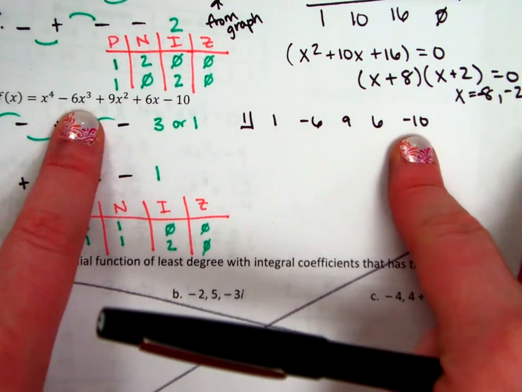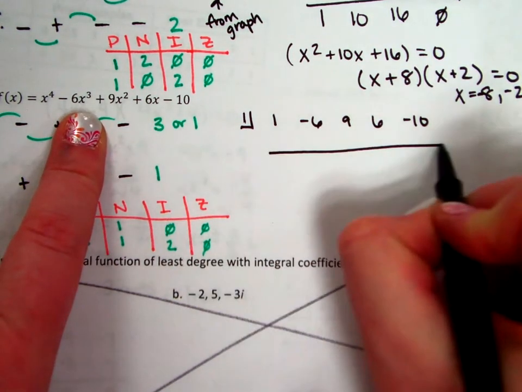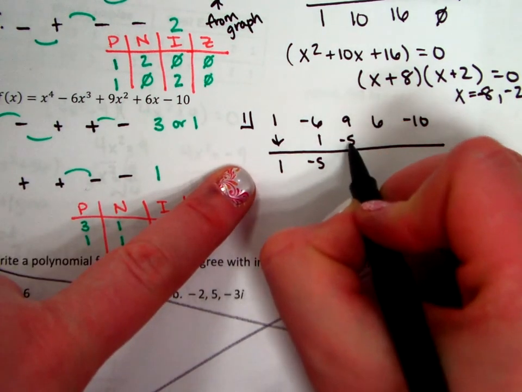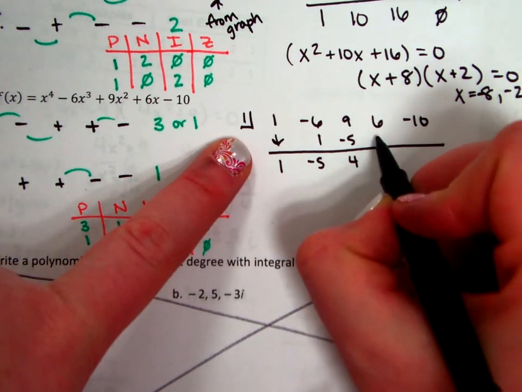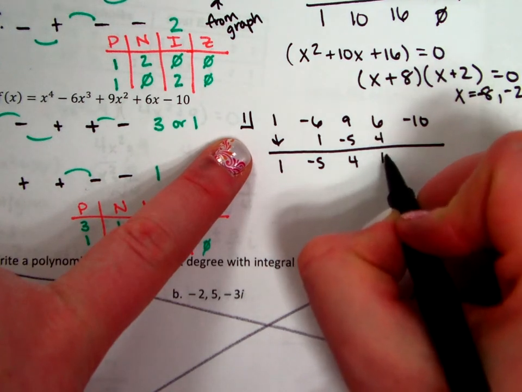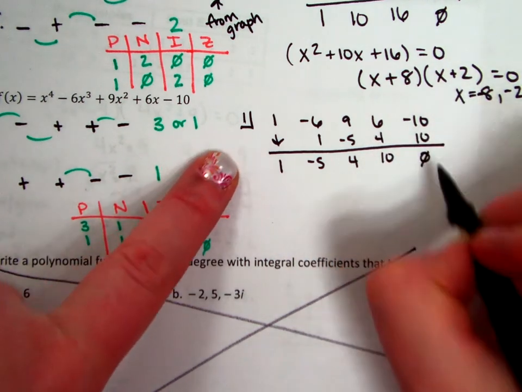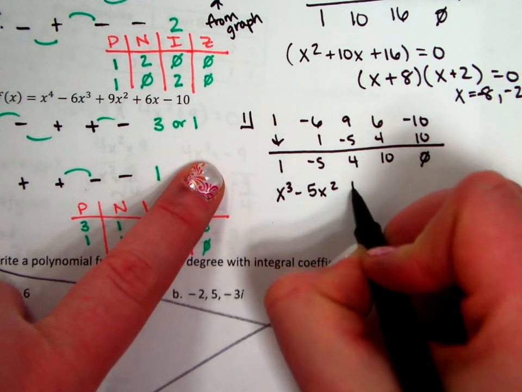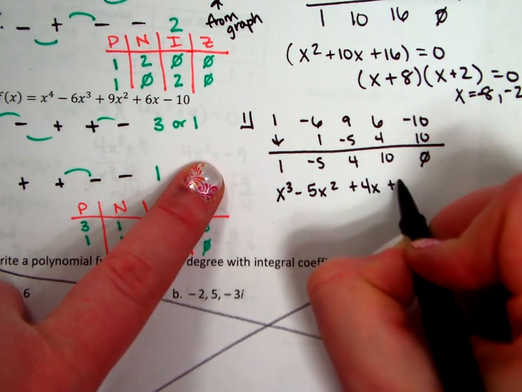Match my numbers, double check, draw a line. Bring this down, 1, 1, negative 5, 4, 4, 10, 10, 0. So now I'm at x cubed minus 5x squared plus 4x plus 10.